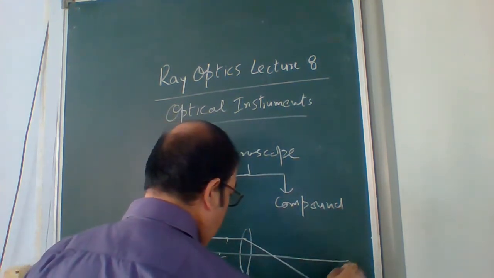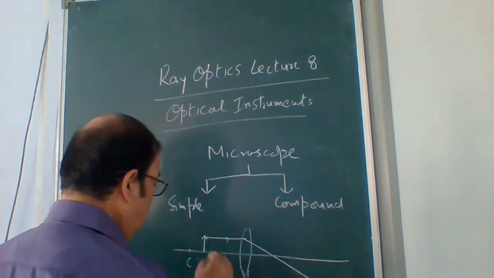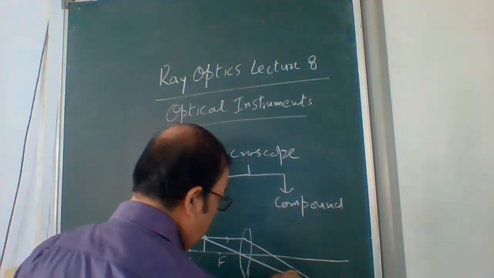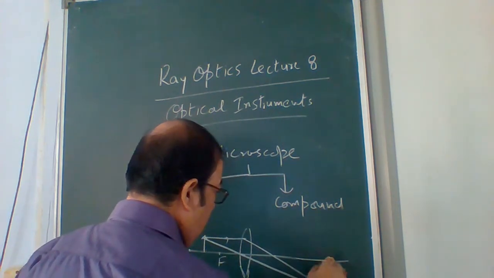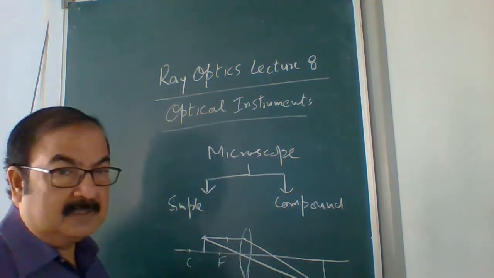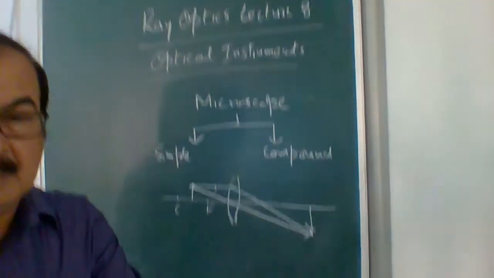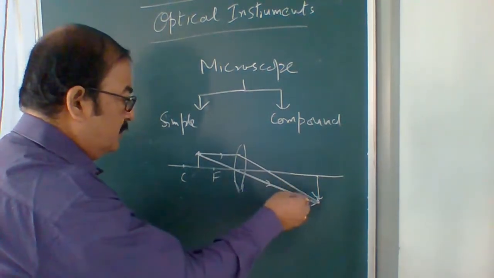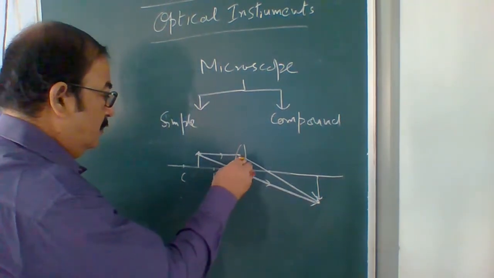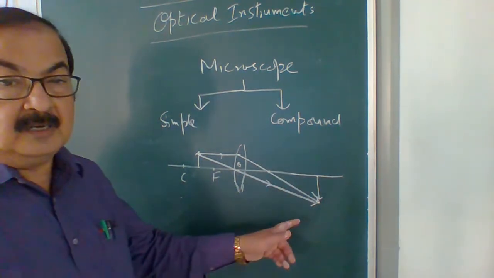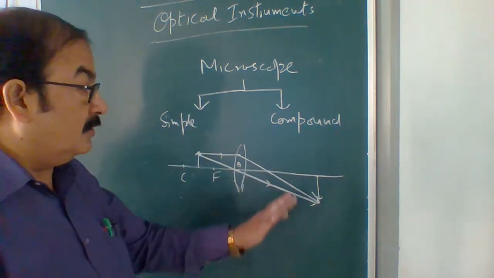After refraction, the image is between C and F. C means center of curvature, and F you can observe. If we have this situation, with optical center O, then we always get an enlarged image, but it is an inverted image and a real image.